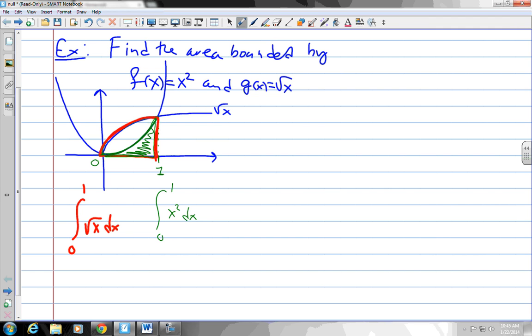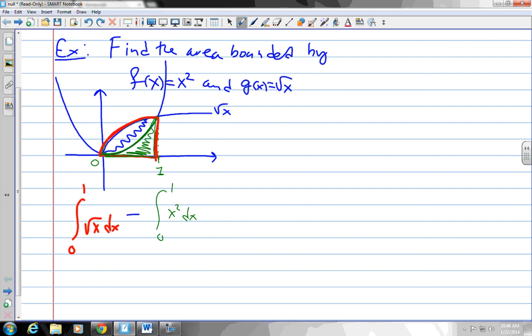So how would you find the region in between? Well, we'll just subtract small from big. That's really all there is to it, right?